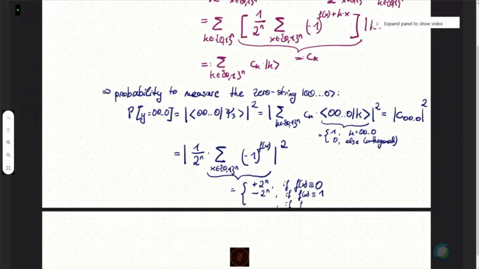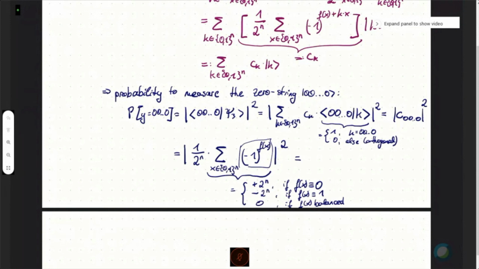And if f of x is balanced, then for half of the terms we will get 0, which means -1 to the power 0, so +1. For the other half, this term will be -1. So they will all cancel out and we will get exactly 0.